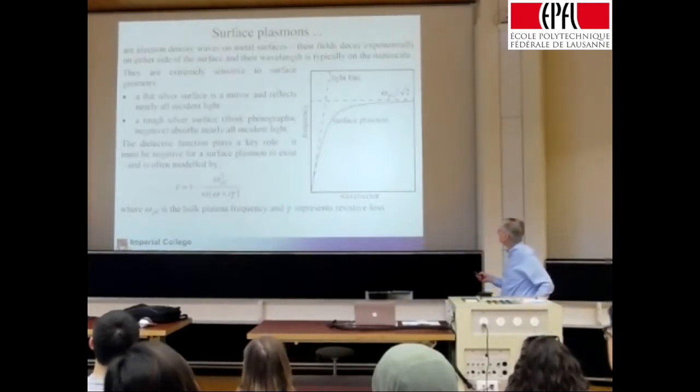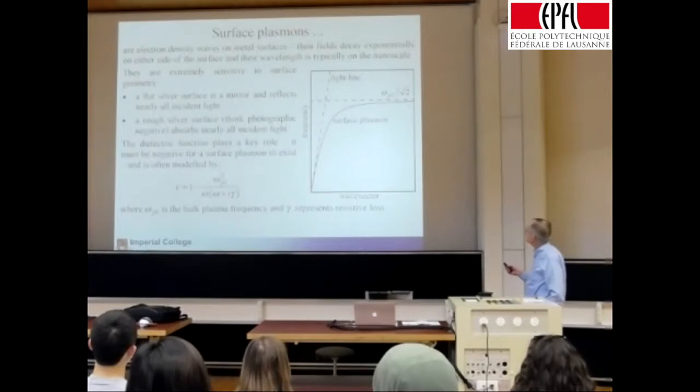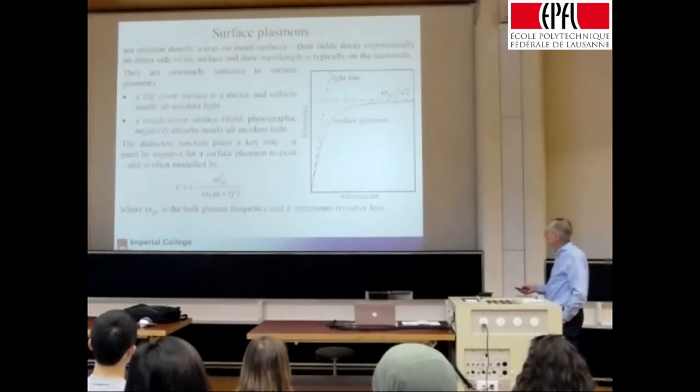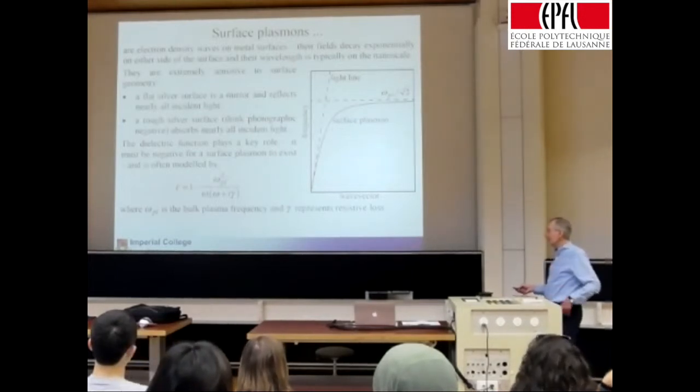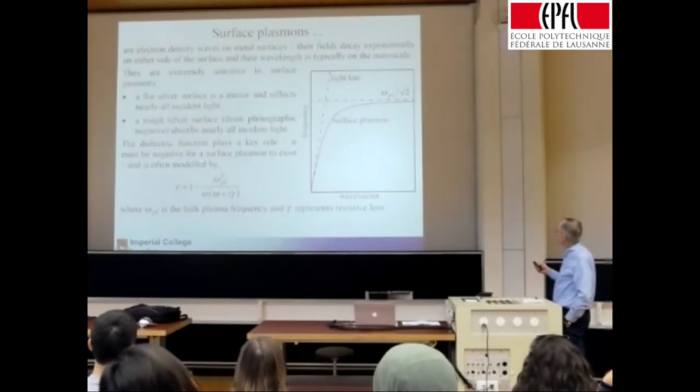So here's the dispersion of a surface plasmon. Typically the energy here is a few electron volts, so they're in the visible typically. And they're typically described by this Drude form of the dielectric function. So below the bulk plasma frequency, epsilon is negative. And if the surface is an interface there, when epsilon is -1, you get this surface plasmon here.